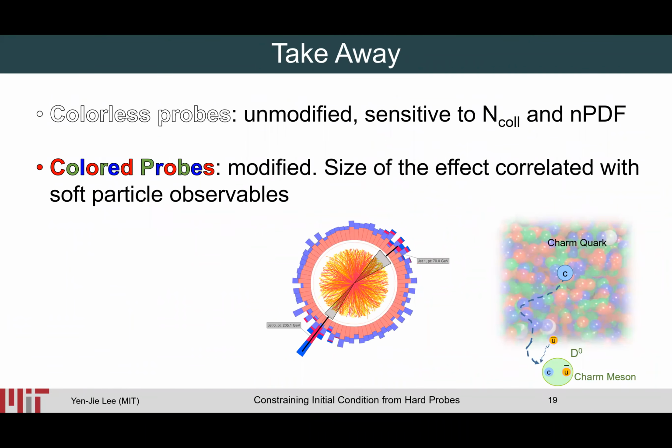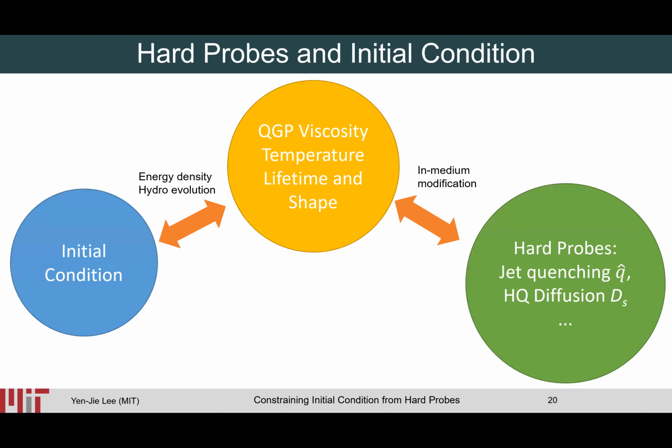So the takeaway is the following. The colorless probe is not modified, and it can be used to count the number of nucleons and the PDF. The colored probe is modified, and the size of the effect is correlated with soft particle observables. So these pictures, brought in already by Chen, show that the initial conditions change the energy density and hydro evolution, and that creates a quark-gluon plasma of different medium properties.